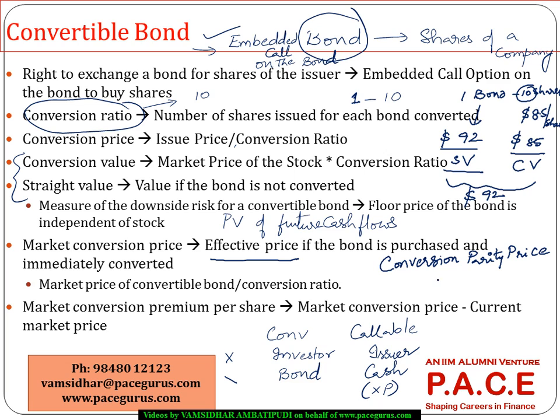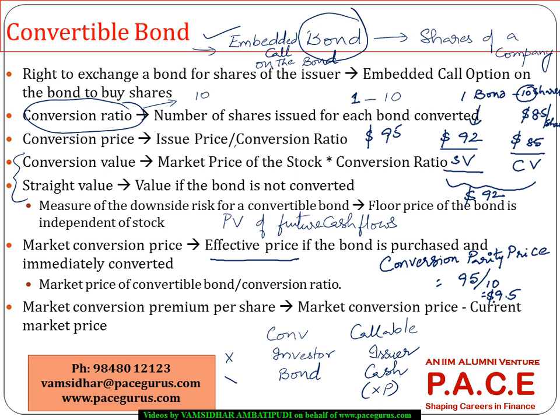The market price of the convertible bond divided by the conversion ratio. Let's say the current market price is $95 for this bond, because it has to be minimum 92. Assuming the current market price for the convertible bond is 95 and the conversion ratio is 10.